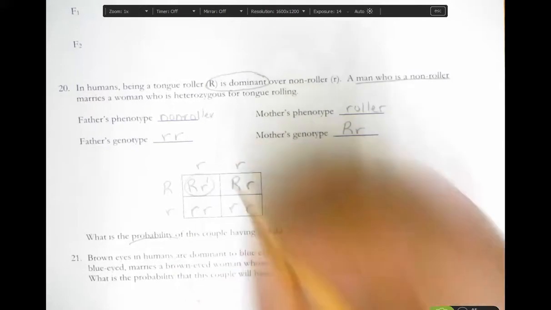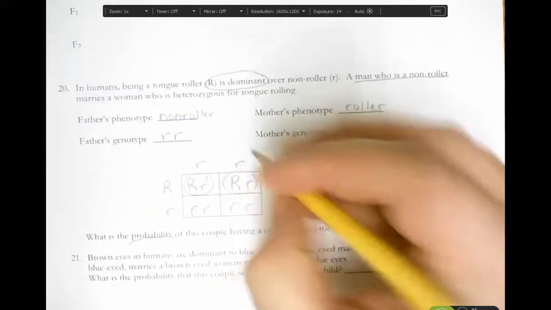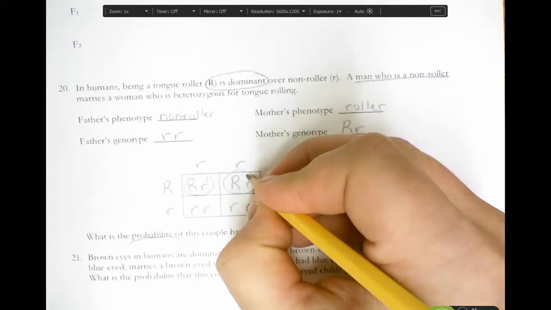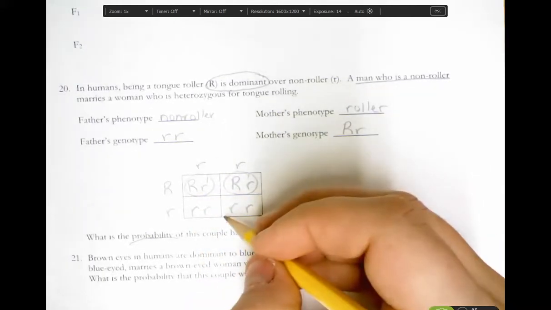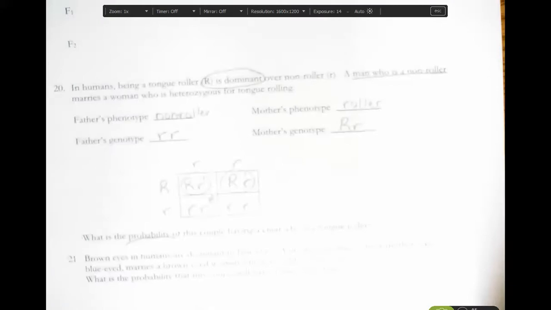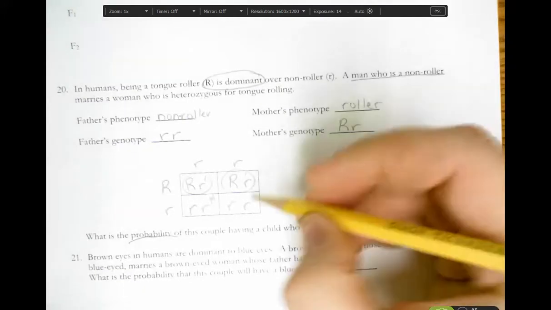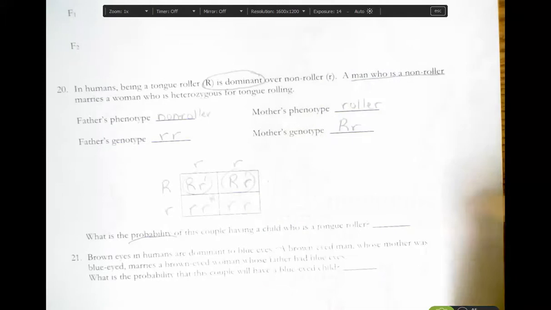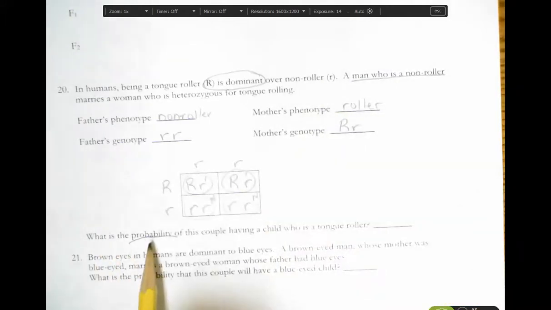Put a little Y there, telling me yes, can roll the tongue. This is the same as the other one, so can this offspring roll the tongue? Yeah. Down here, lowercase r, two recessive alleles. Can it roll the tongue? No. Put an N there, so it tells me that offspring would not be able to if that was the genotype of the offspring. Lowercase r, nope, cannot.